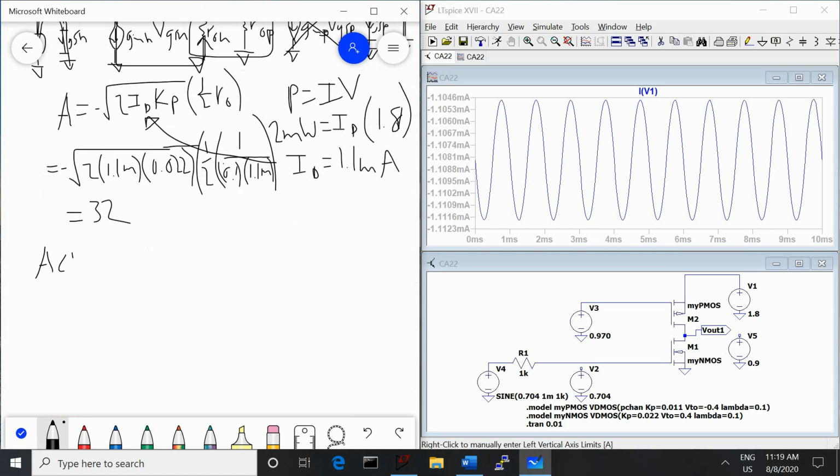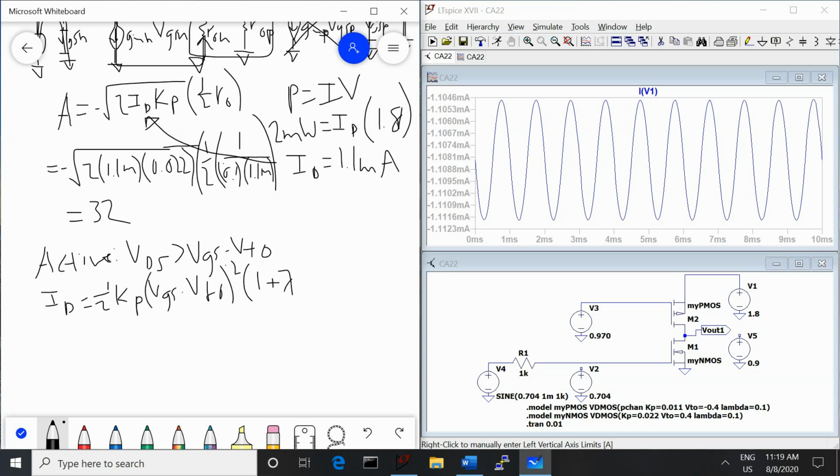So the active condition is VDS greater than VGS minus VTO, and we can use our current equation to get that, which is 1/2 Kp times (VGS minus VTO) squared times (1 plus lambda VDS). We can generally neglect the last term here because lambda is 0.1 and VDS is 0.9.